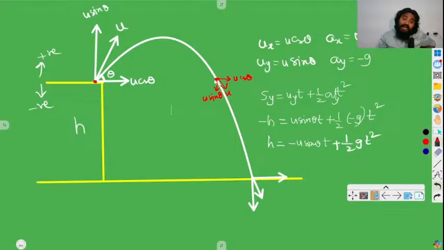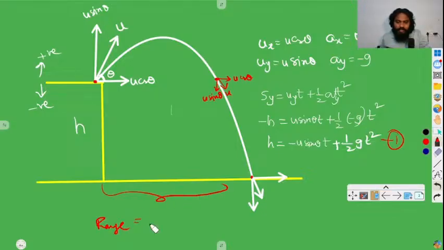But if they ask further, from here to here the time of flight is 2u sin theta by g, but from here to here you have to use this equation and find the time, right? From this you find the time, then use the time to find the range. Range is nothing but horizontal distance into time.